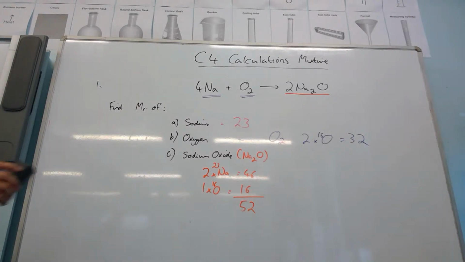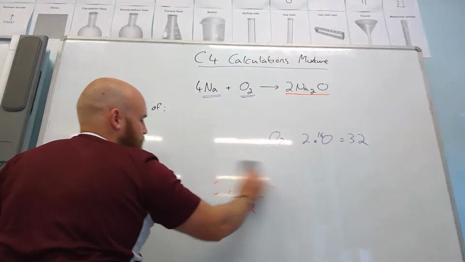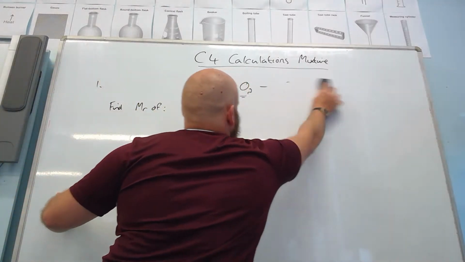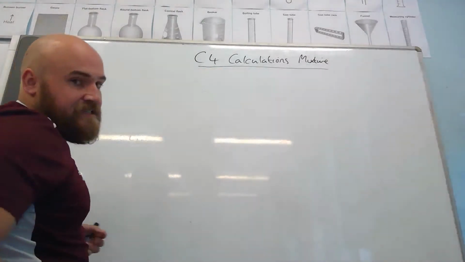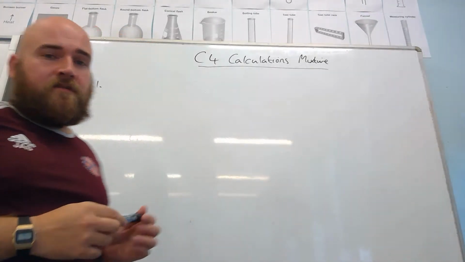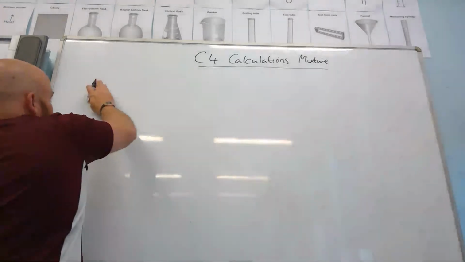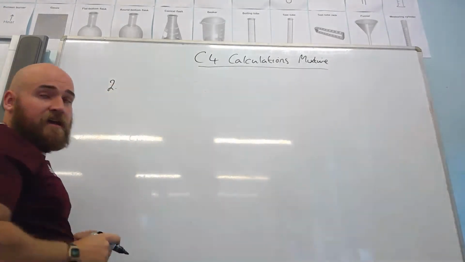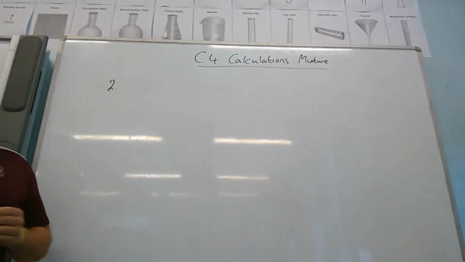Right, if you are watching this back later, obviously you can pause the video, have a go at the questions first, and then watch me go through the answers. Okay, so question 2 says, how many moles in the following?